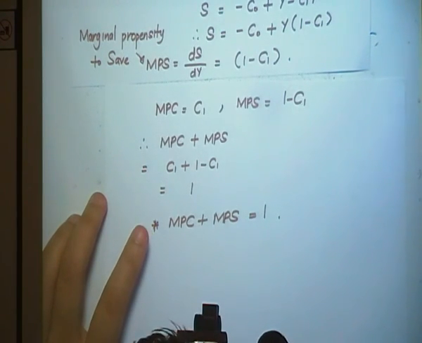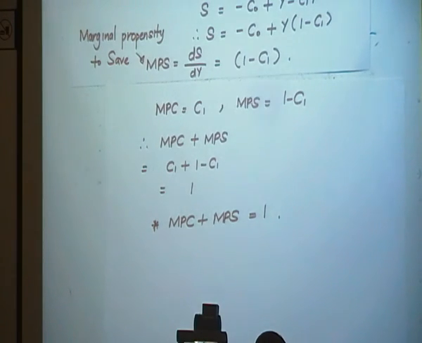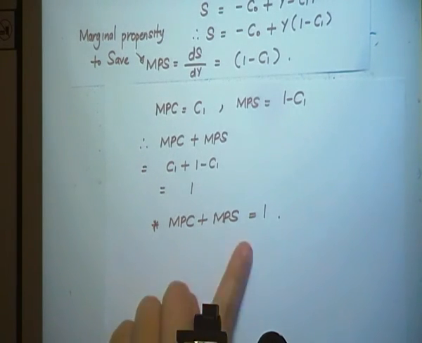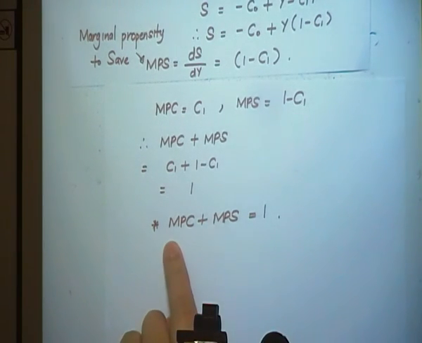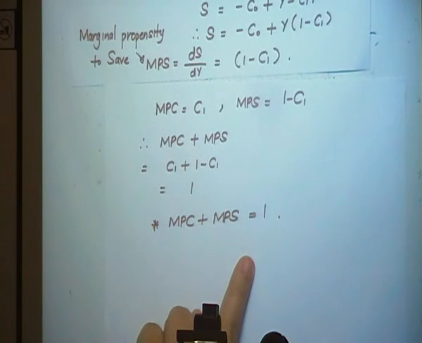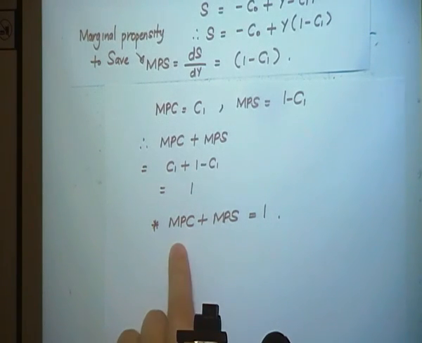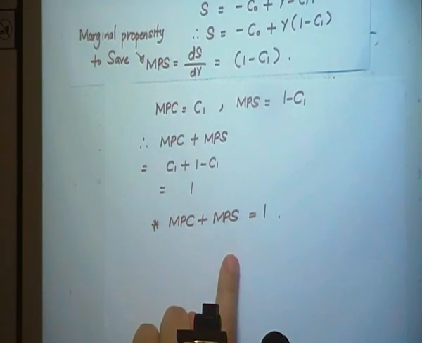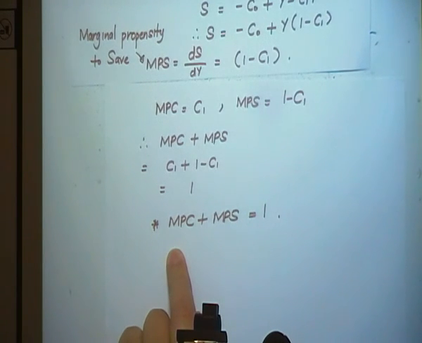But the examiner can choose to tell you your MPS is 0.8, which means he's also telling you that your MPC is 0.2. When someone gives you the MPS, this relationship always holds. You can always find out your MPC. MPS is 0.8, MPC will be 0.2. MPS 0.5, MPC will be 0.5.